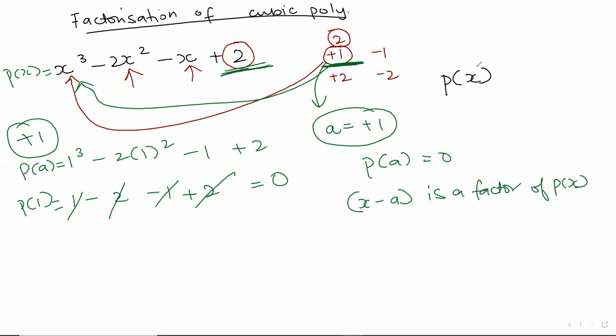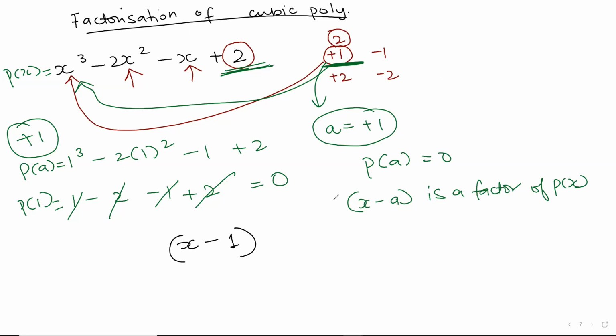Okay. Mridula, is this clear? Yes, ma'am. So x minus a is a factor of P of x. And what is x minus a? What is a? Ma'am, 1. Yeah. So x minus a is x minus 1.